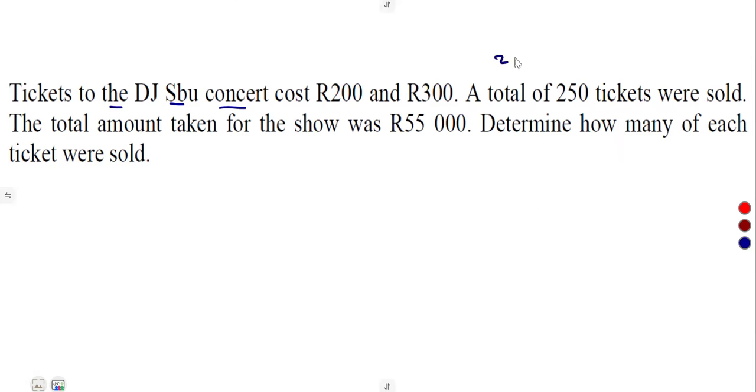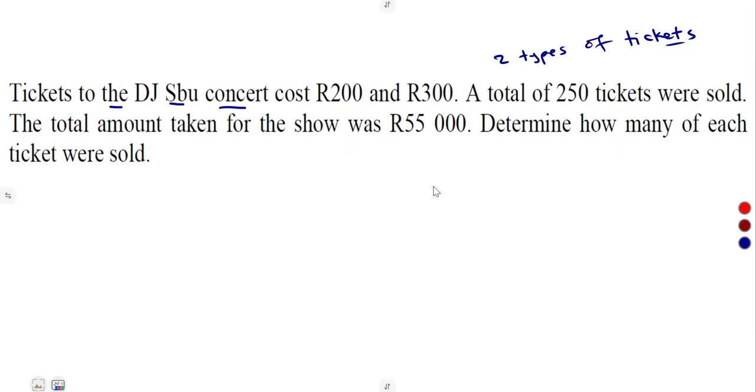There are two types of tickets. Maybe the one for ordinary, the other one for the VIP. So take note, the tickets are given in two types. So there is a cost of 200 and 300.